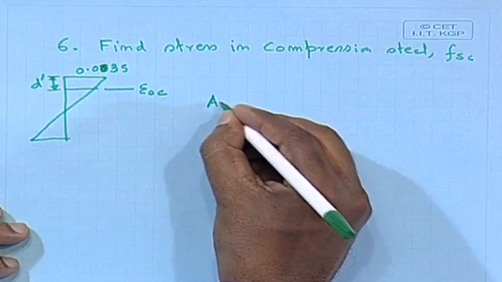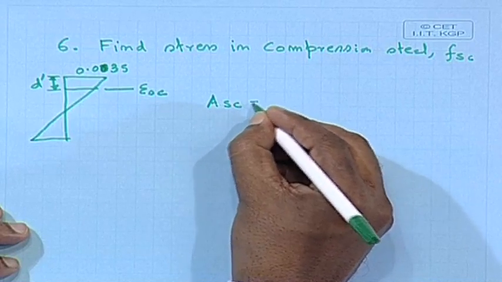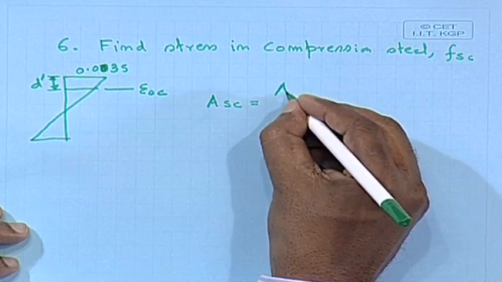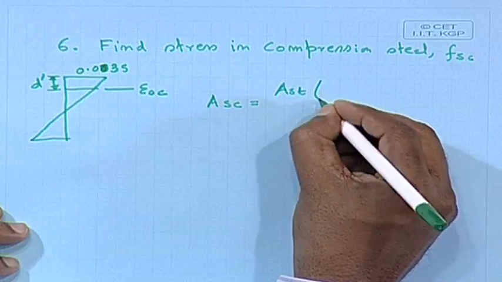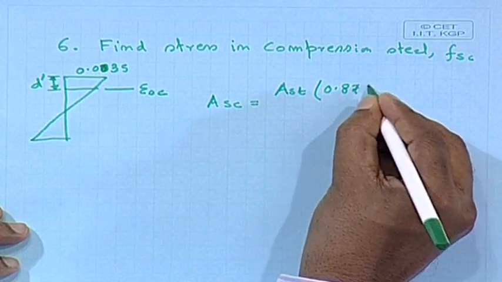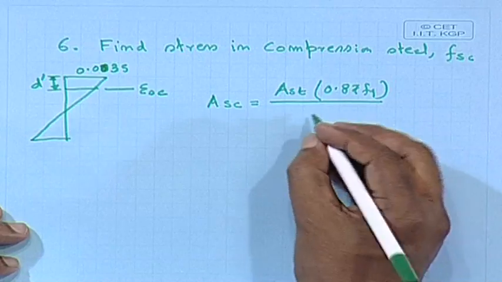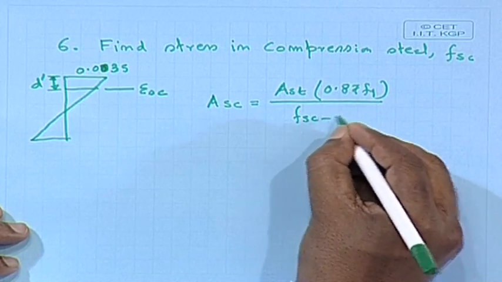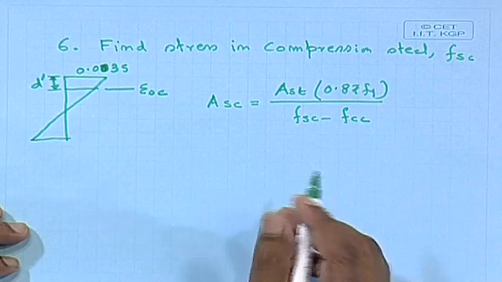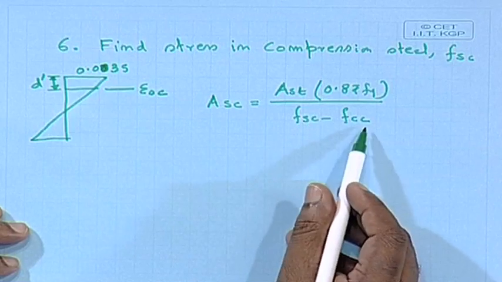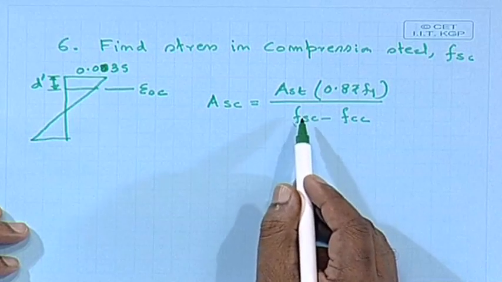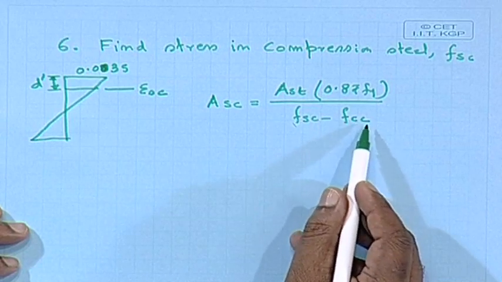So, we can write ASC equal to AST2 times 0.87 Fy, this is the tensile force, divided by FSC minus FCC. FSC is the stress in steel minus FCC, because already we have taken that portion, so that is why you can deduct.